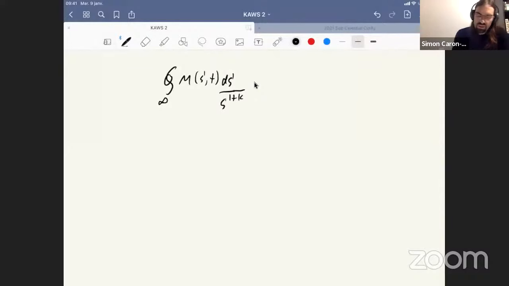Do some integral like this. That's a fixed t integral. Okay, so that idea is that this should give 0 if k is large enough. It's actually useful to offset it a little bit, the denominator.